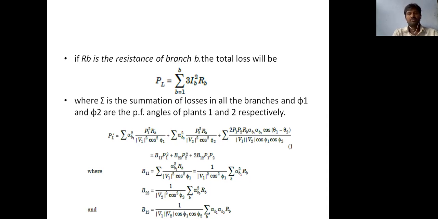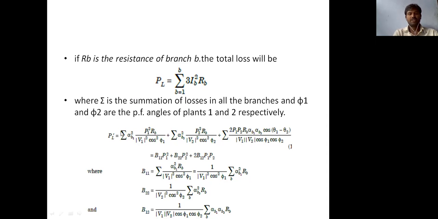So here the power loss formula is P_L equals sigma over branch B from 1 to B of 3 into I_B squared into R_B. In the branch current equation, substitute in the P_L equation.